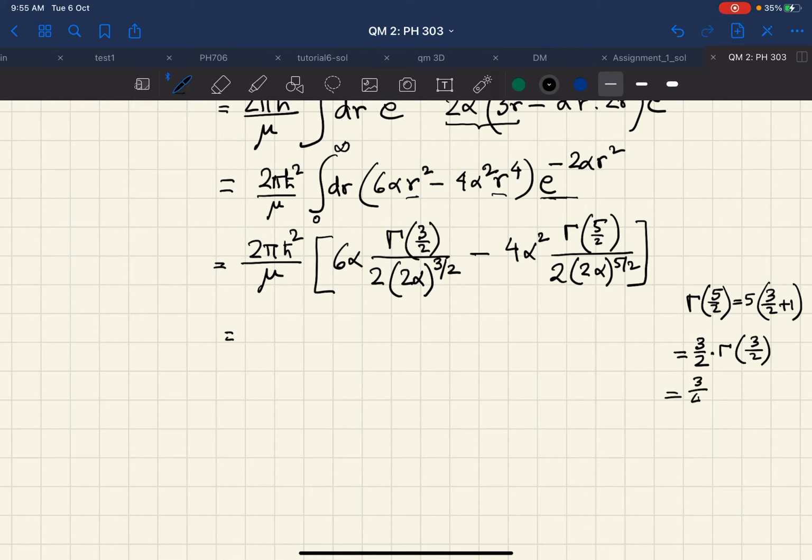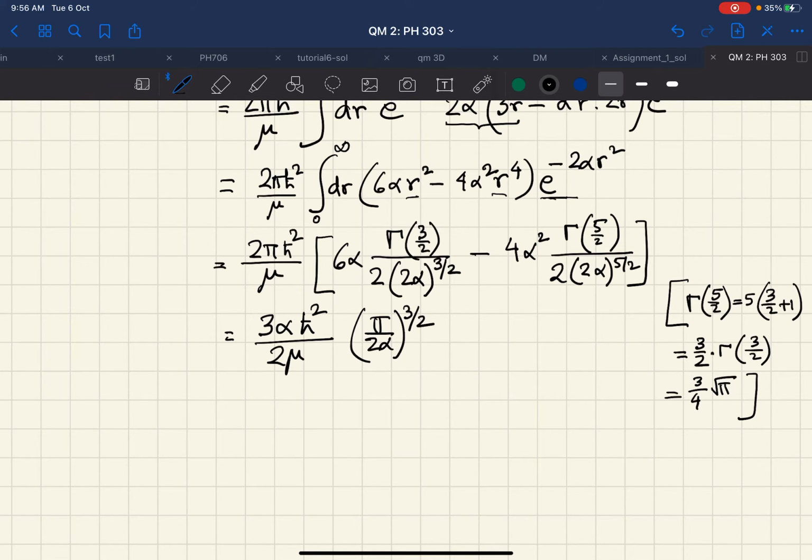So this is 3 by 4 gamma half, but gamma half is root pi. Therefore, gamma 5 by 2 is nothing but 3 by 4 root pi. So use these facts, substitute everything here. The final result that you will obtain here is 3 alpha h cross square divided by 2 mu into pi by 2 alpha to the power 3 by 2.